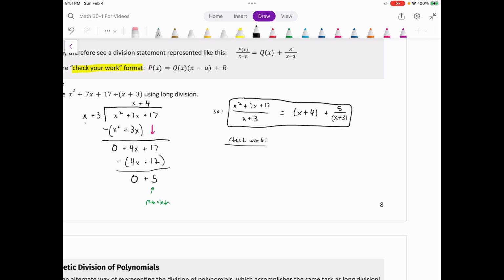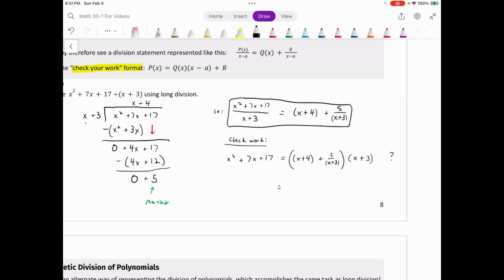So let's check our work. Does x squared plus 7x plus 17 equal x plus 4 plus 5 over x plus 3, times x plus 3? That's essentially what we're doing, so I'll put a question mark there.